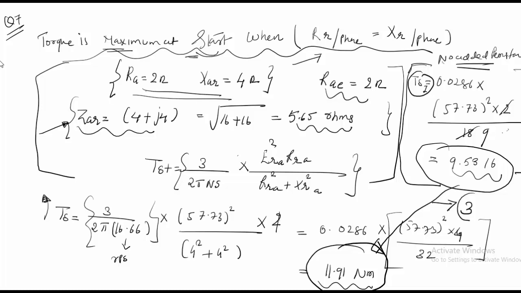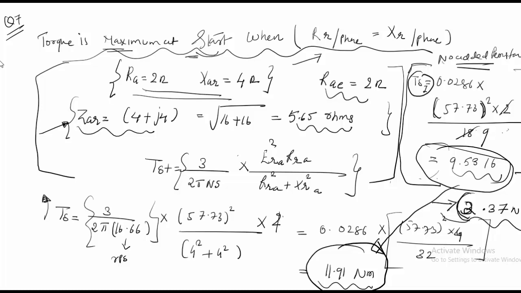So it has increased only by a margin of something like 2.37 Newton meter. So is it only to increase it by this margin that you have added the external resistance? The answer would not be that, but it would be that there would also be a considerable reduction in your starting current.